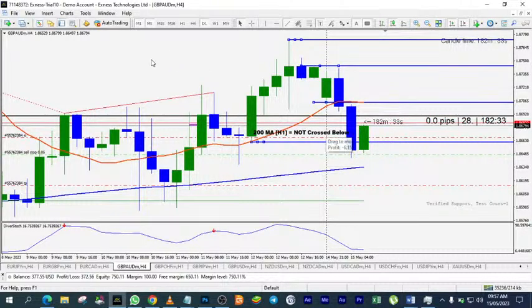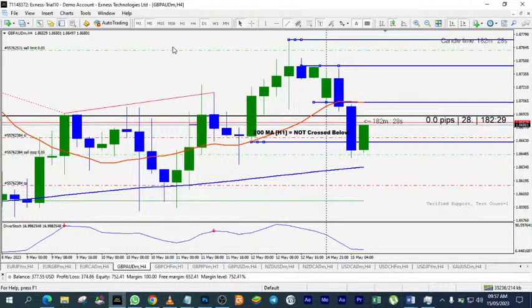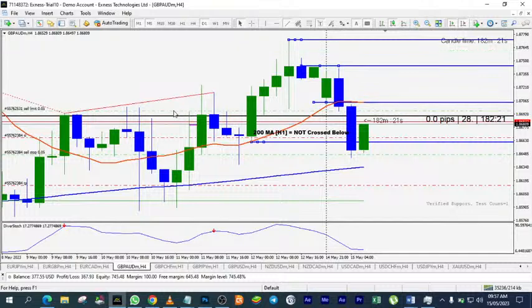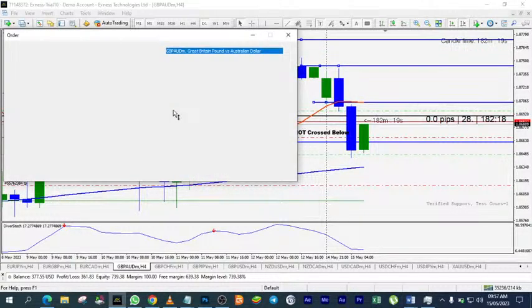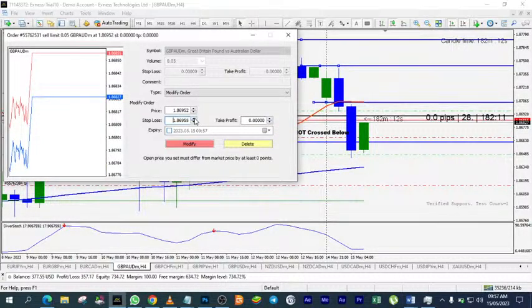I see another sell limit here. Yeah, I see a sell limit here. Where will I want to keep my stop loss?